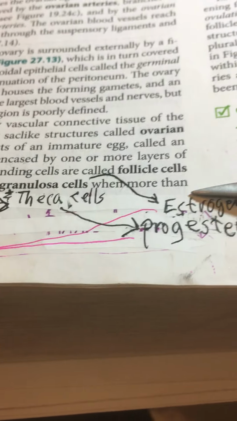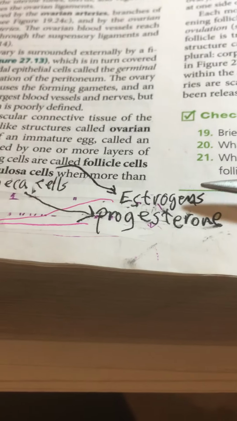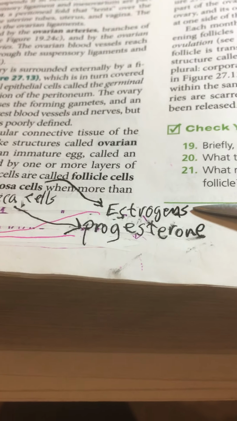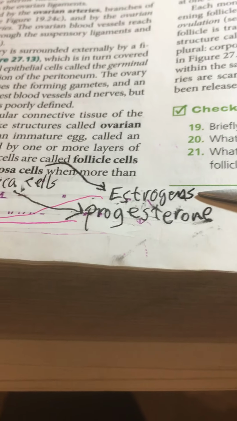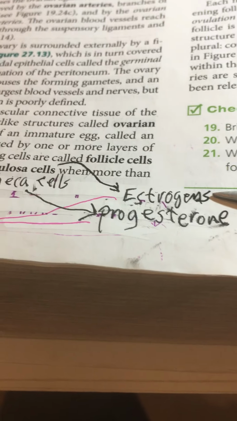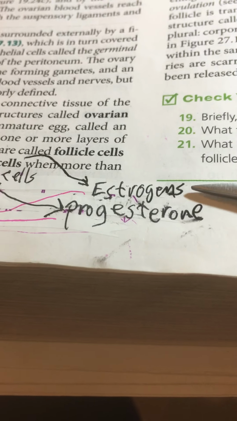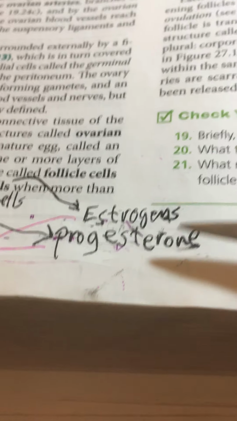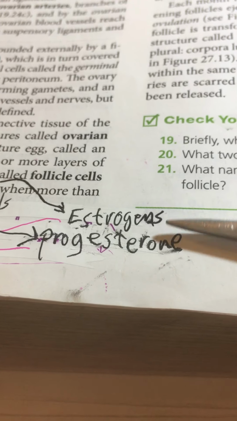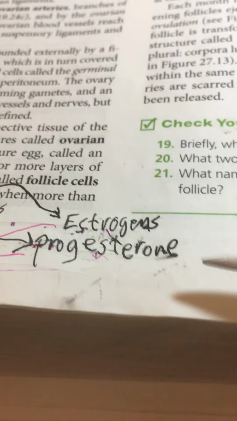Both of these molecules, when produced, will feed back negatively, except for estrogen at a certain moment. Estrogen, when it is in really high concentration, has a strangely positive feedback result rather than negative. So we'll see that switch from negative feedback to positive feedback of estrogen.